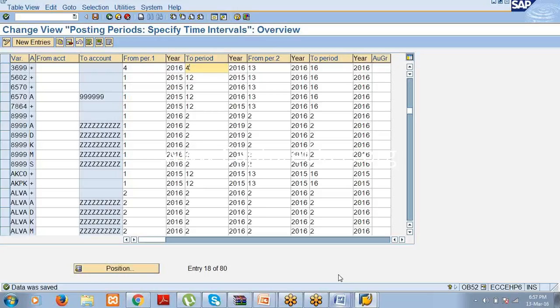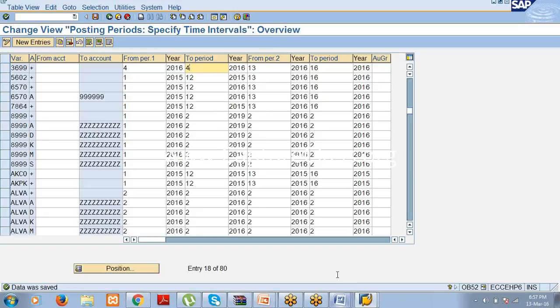In SAP, we can post the business transactions into those periods which are opened for postings. Technically, it is possible to open all the 12 periods, but generally we never do that. We open only the current period, and all other periods are closed.